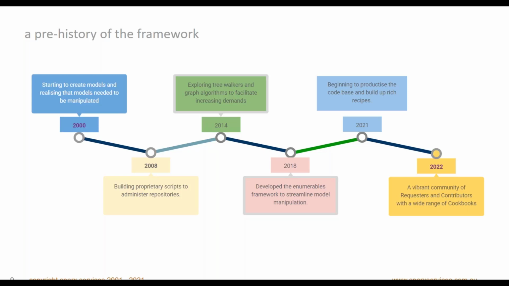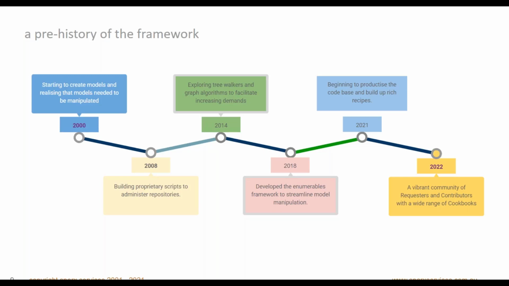In about 2008, we started building proprietary scripts to administer the repositories, and we did that for quite a few years. In 2014, we started using some sophisticated exploring tree walkers and graph algorithms to facilitate the increasing demands. Now, these became quite difficult.